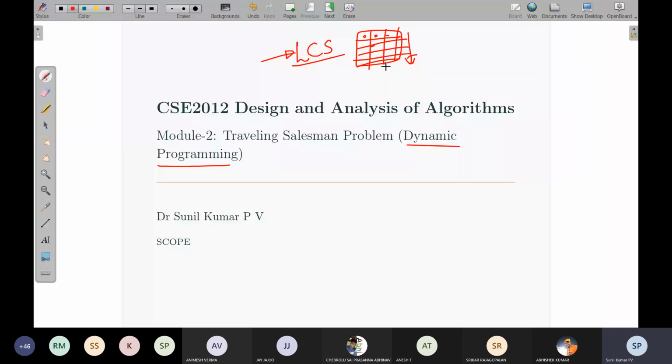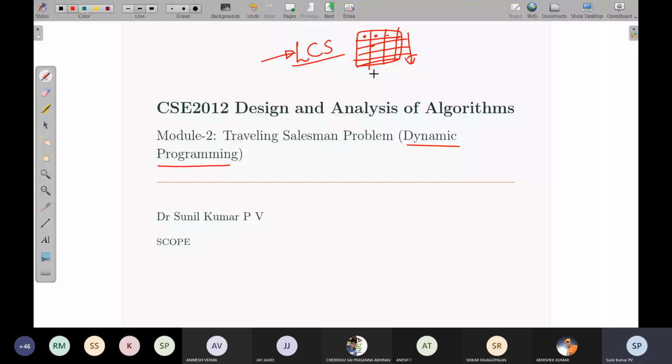In greedy, what decision is to be taken is fixed in advance, but here it is not fixed upfront. We will be taking decisions as and when the time comes. That is the difference. All these entries in the table will help you take the decisions sequentially, and finally at the end of the table you will get the answer, or there are some ways to get the answer, and this will vary from problem to problem.